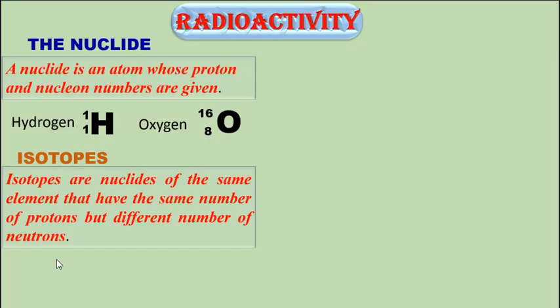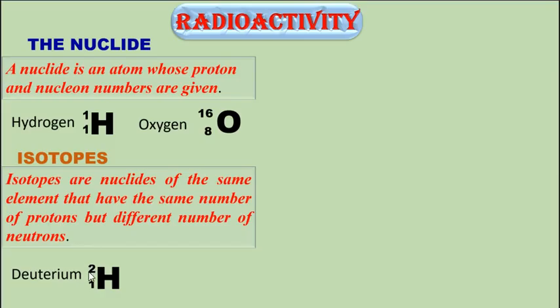So look at examples of isotopes. You have deuterium. Deuterium is an isotope of hydrogen, but here the nucleon number is 2 and the proton number is 1. So you see that they have the same proton number but different nucleon number.